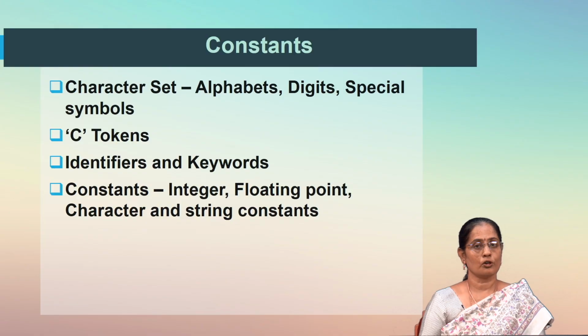And we have also gone through the constant types. A constant is a value which can be given in a program, and it is of 4 types: integer constant, which includes numerical values with whole numbers, categorized into 3 categories as hexadecimal, octal and decimal. Then floating point constants include two ways of representation.